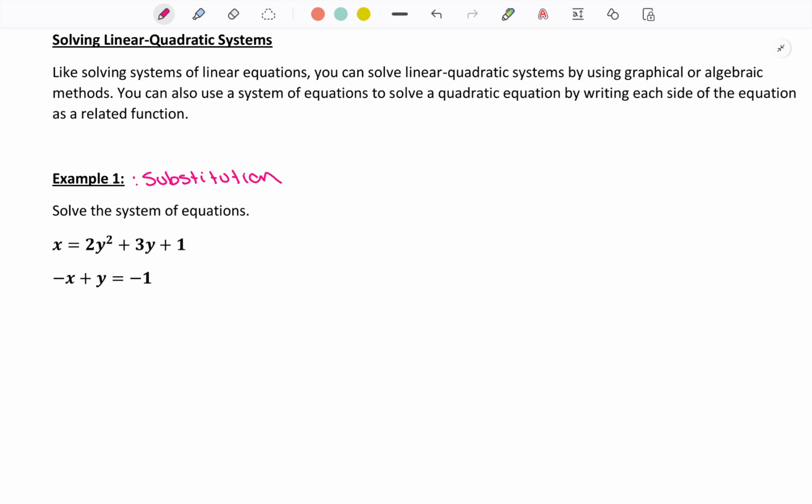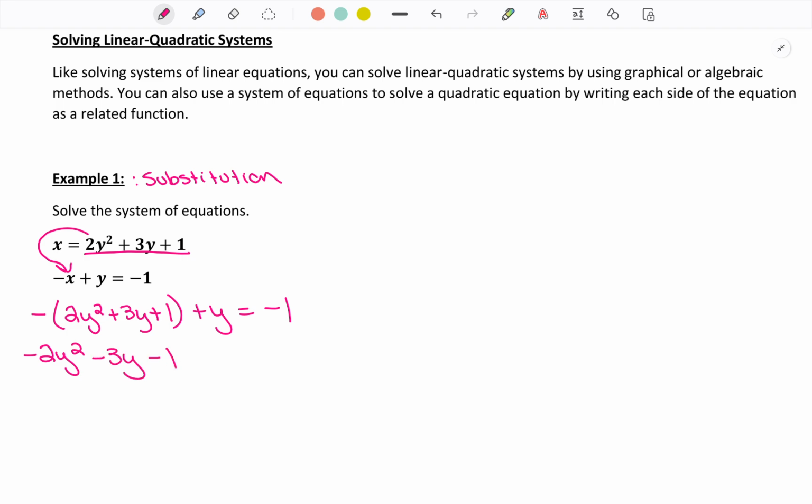I am going to substitute in that 2y squared plus 3y plus 1 for x in the other equation. That is going to give me a negative, and in parentheses, 2y squared plus 3y plus 1, and then plus y equals negative 1. So we have a negative 2y squared minus 3y minus 1 plus y equals negative 1.